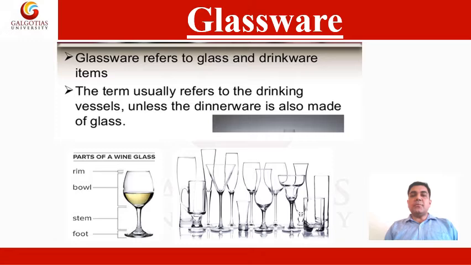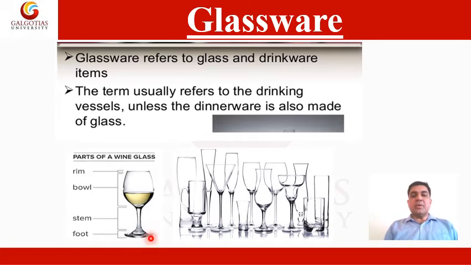Now let me make you familiar with the glass style, or the parts of a glass. We have been looking at glasses since our childhood. At our home, we have many kinds of glasses. But have we ever thought that a glass can also have parts? A glass can be categorized with the help of parts, which are the rim. Let's talk about this particular glass. The top of the glass from where you drink is called the rim. Where the liquid is stored is called the bowl.